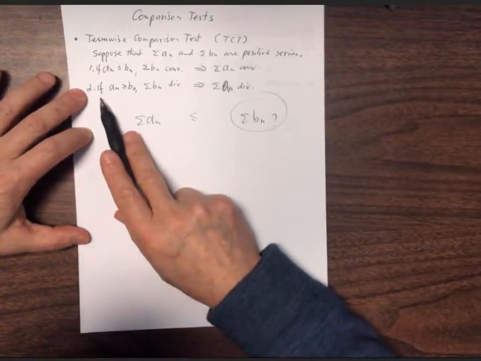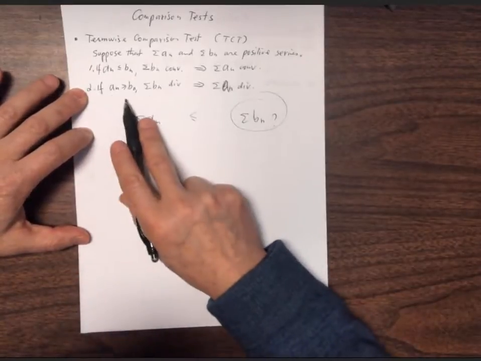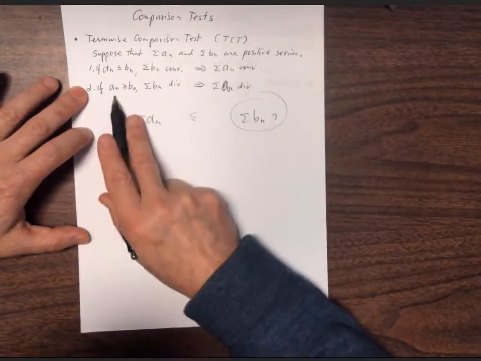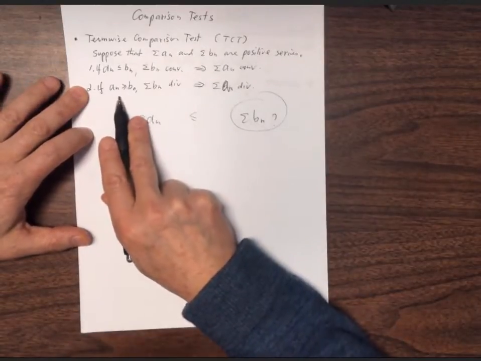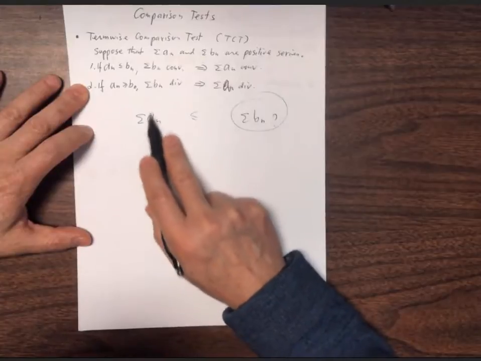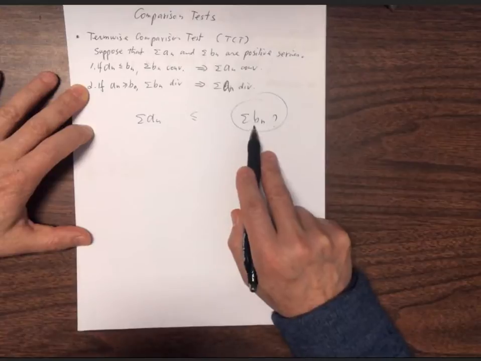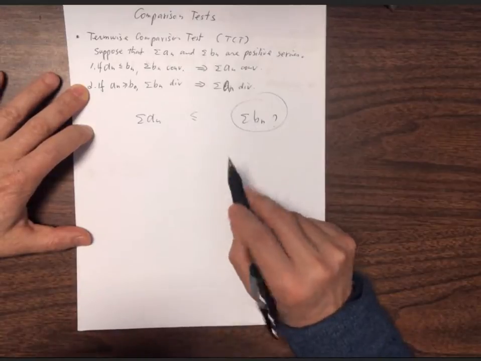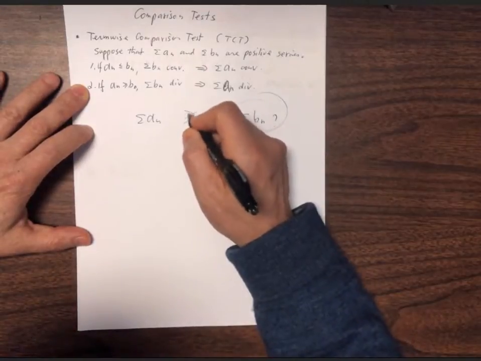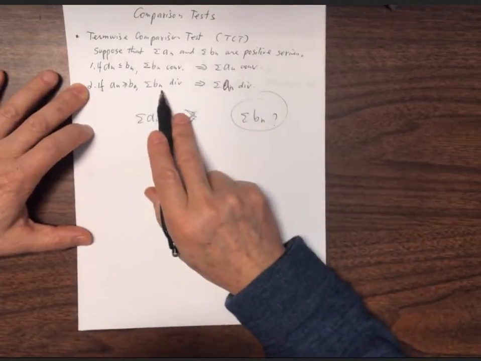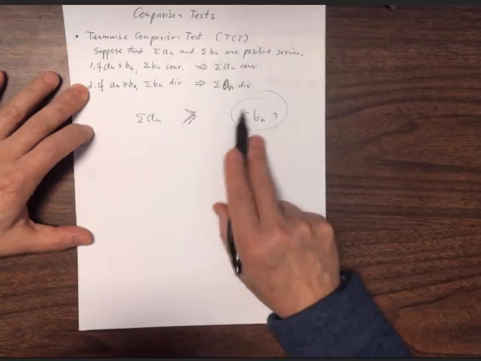Similarly, case 2 says, given sigma an, we find the sigma bn so that we have this kind of comparison. Well, it means every term here is greater than the respective term in this sum. Then we can tell this has to be true. Now that condition says this one diverges, so it means it's infinity.